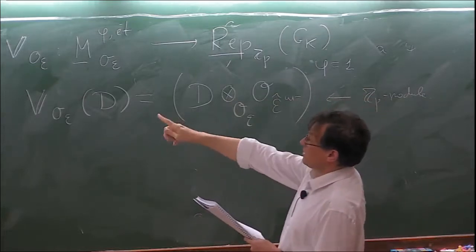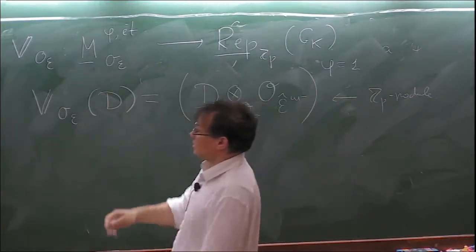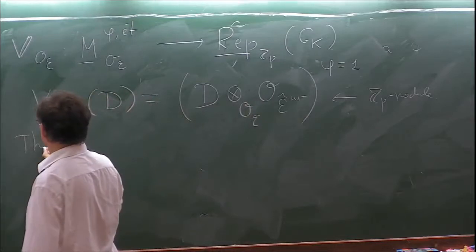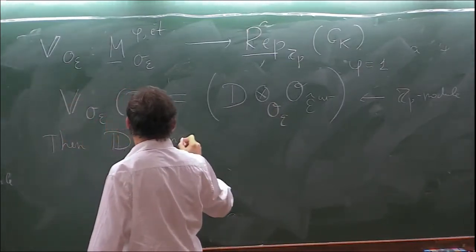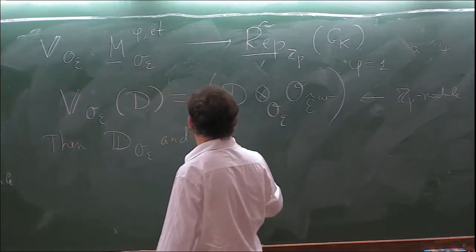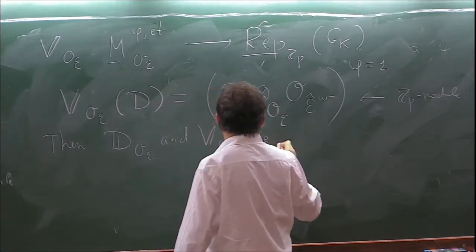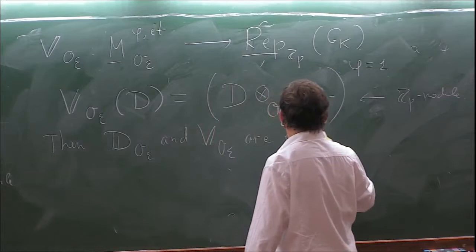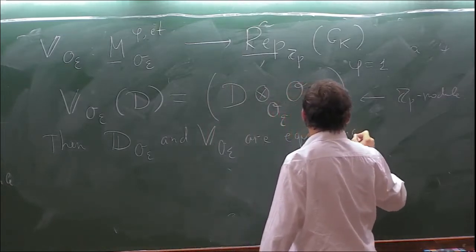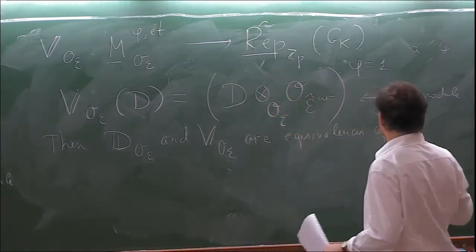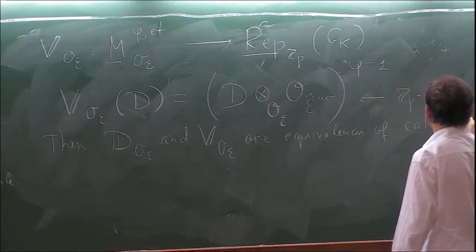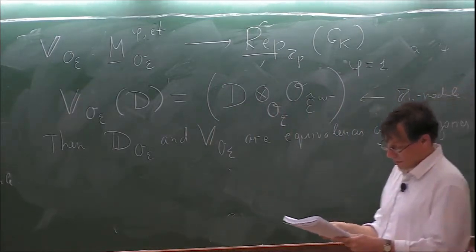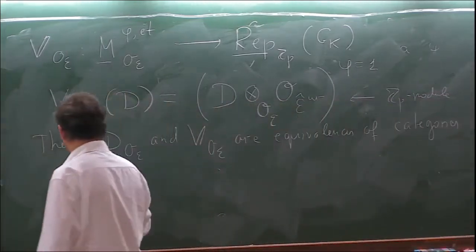More explicitly, if we consider these two functors, then D of E and V of E are equivalences of categories, quasi-inverse to each other.